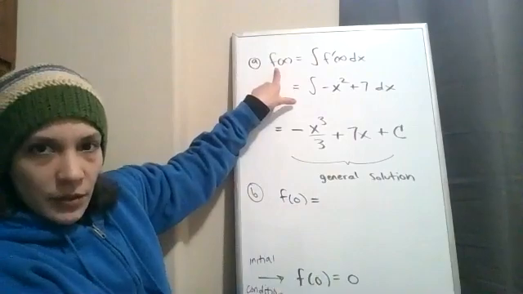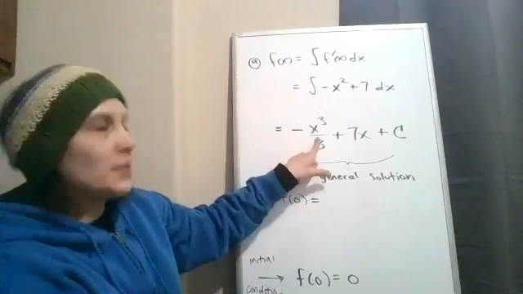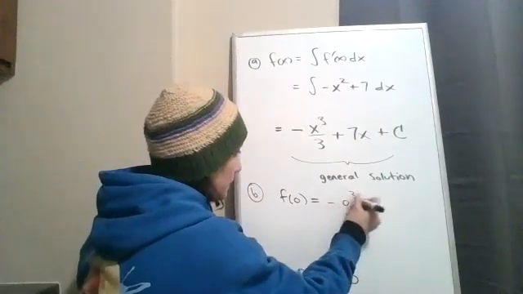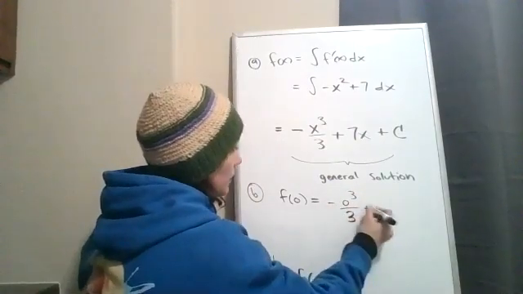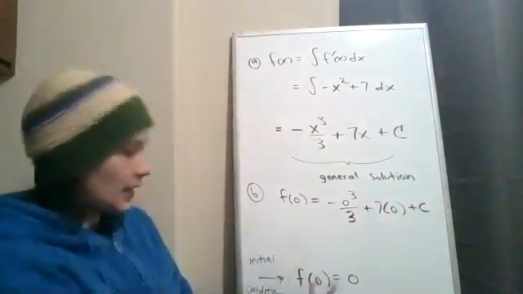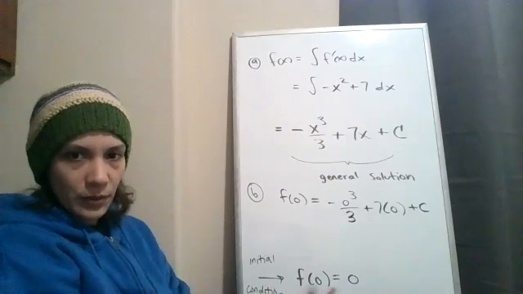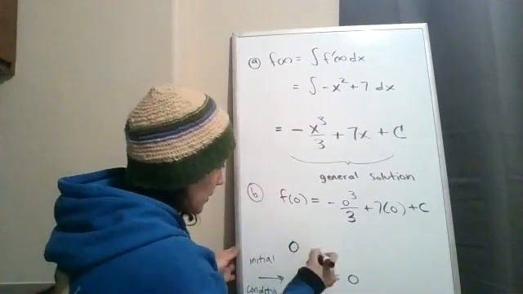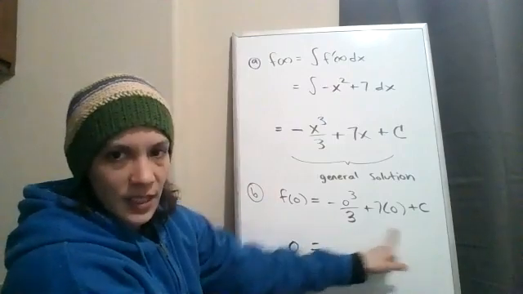Well, we're going to put it into the general solution. So sub in 0 for x. And then sub in f of 0 equal to 0. So this is going to be replaced with 0. And we're just going to start working on simplifying this side.